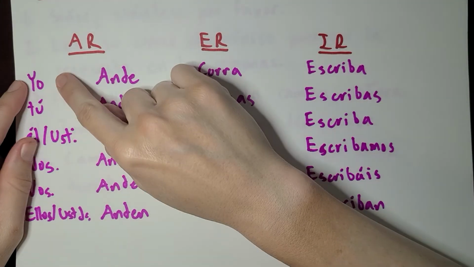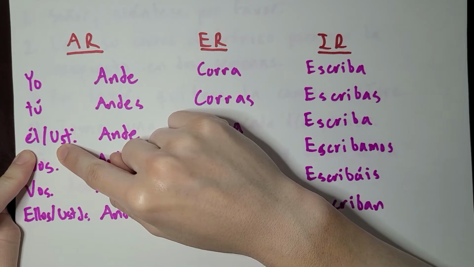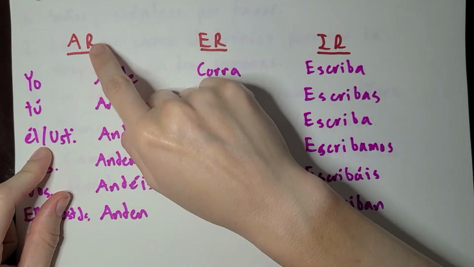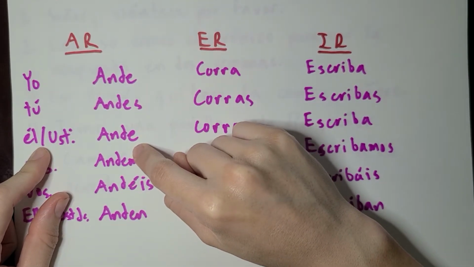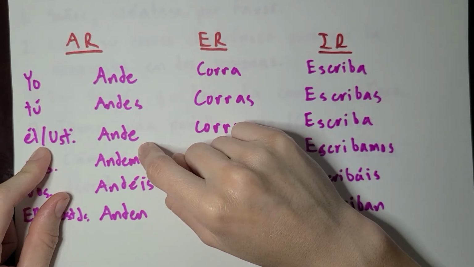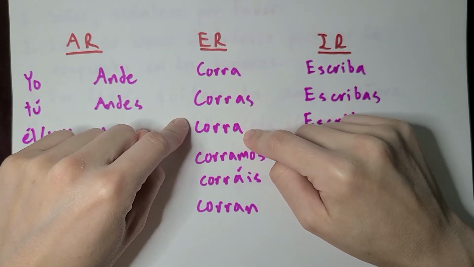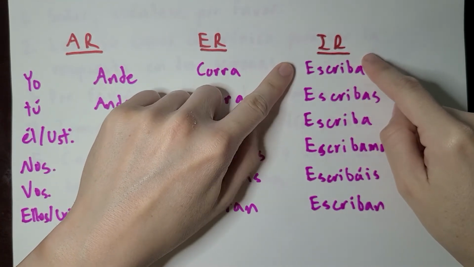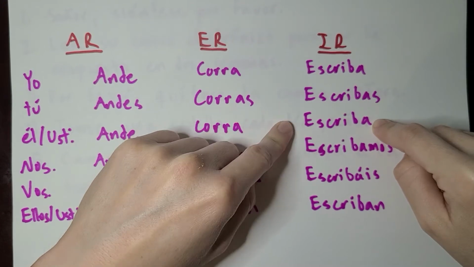So go right down through your conjugations: yo, tú, él, usted. Remember, él and usted always have the same conjugation, so we're looking at this line right here, usted. With andar, an AR verb, that ending is just going to become an E. So AR verbs use the subjunctive usted form, where that AR becomes an E. ER verbs, that ER is just going to become an A. And IR verbs, that IR is also going to become an A. So it's actually very, very easy to remember.